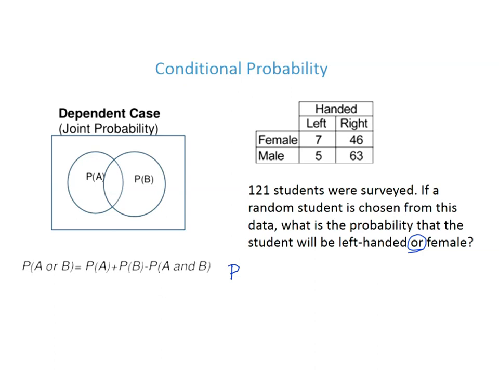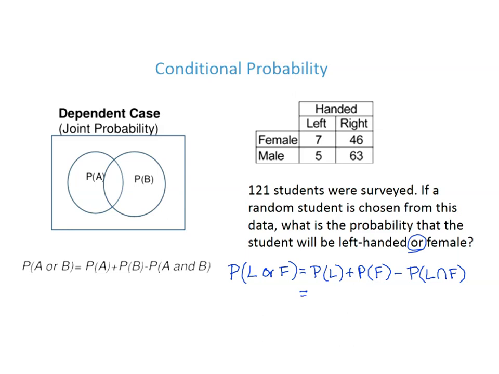So we want to find the probability that a student will be left-handed or female. Using our formula, we're going to have to find the probability of being left-handed, the probability of being female, and then subtract the intersection. And we can find all of that from our two-way table.